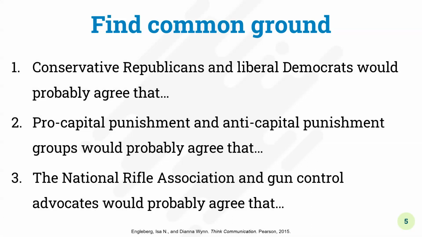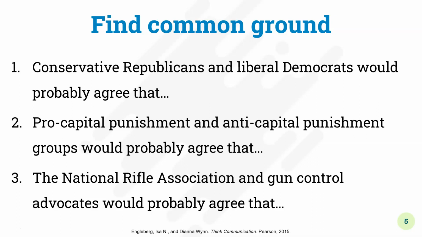So take a look at these. We've just been through an election, and conservative Republicans and liberal Democrats would probably agree with what? So what I'd like you to do is just think through these statements. They're here in the video and they will be in your slides. And think about some common ground that Republicans and liberal Democrats would probably agree on.